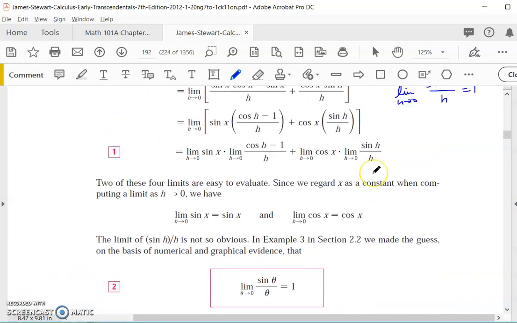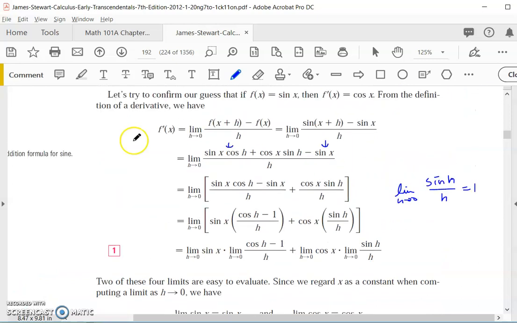You can say that the derivative function of sine x, after you plug everything in, would equal sine x times 0 plus cosine x times 1. The first one becomes 0, so f prime of x is cosine x. So this is the real proof using the sum and difference formula.